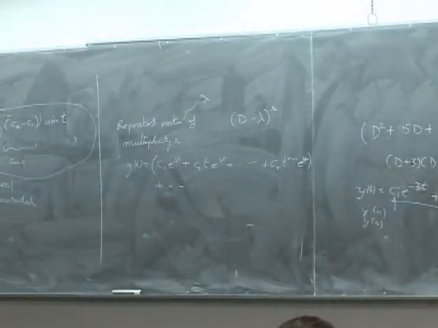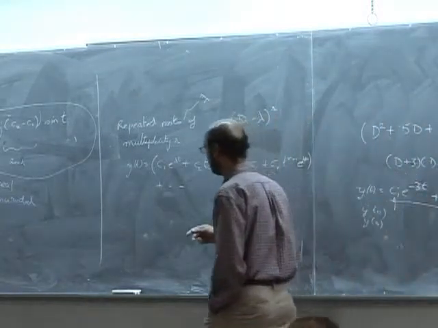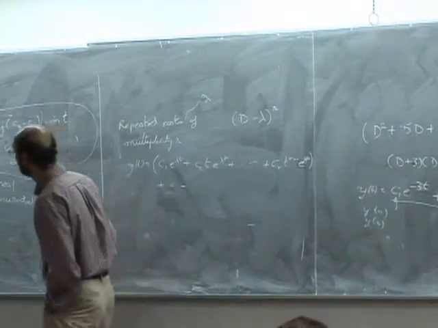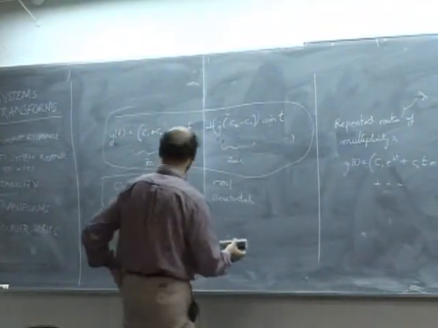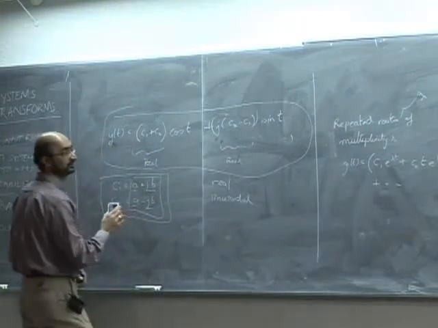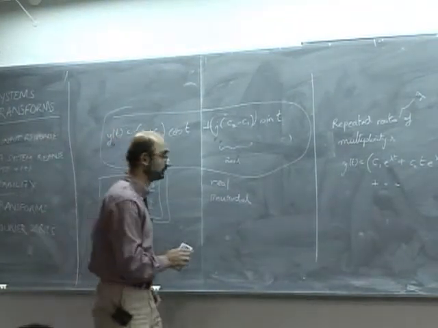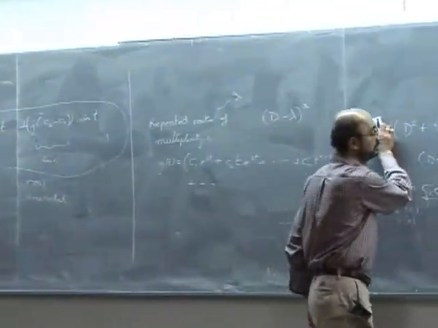I'm going to just switch order a little bit and talk about stability first, and then come back to the system response to x(t), because we already have pretty much everything we need to discuss stability. So let me do that over here.